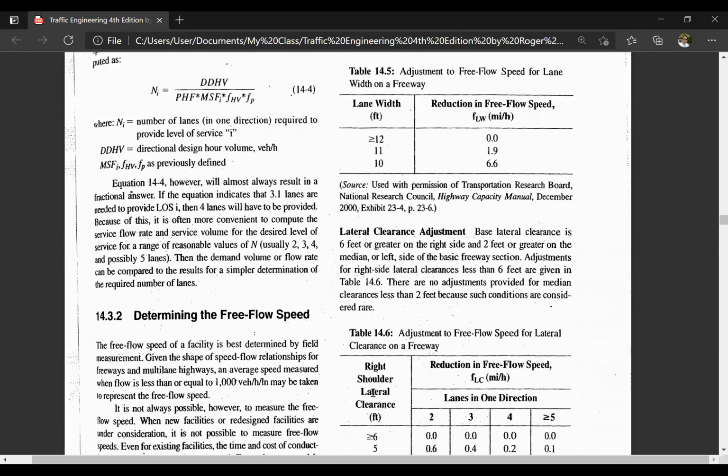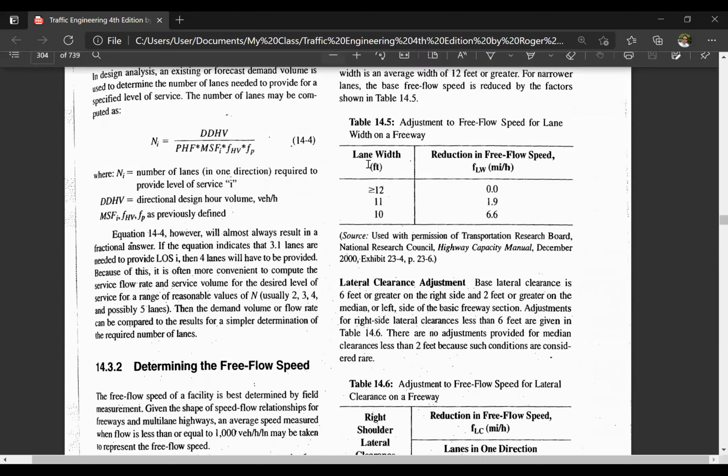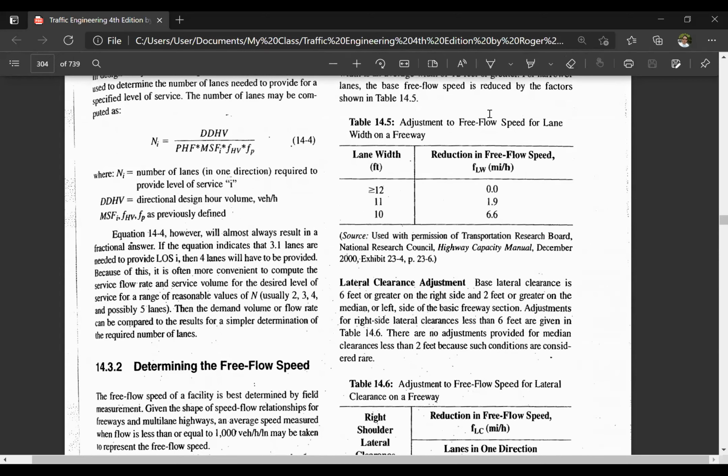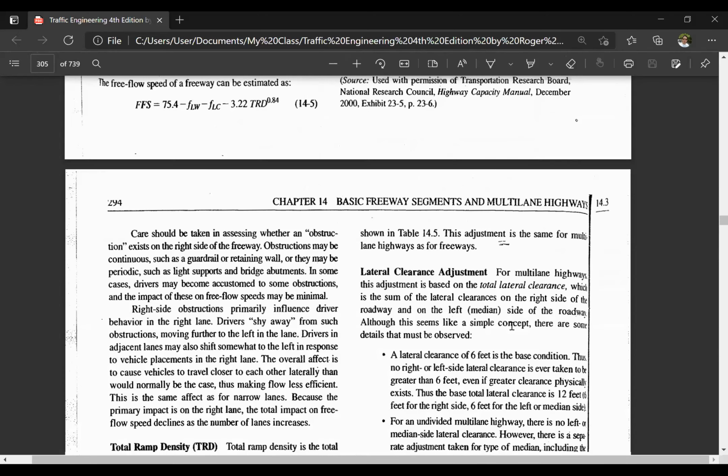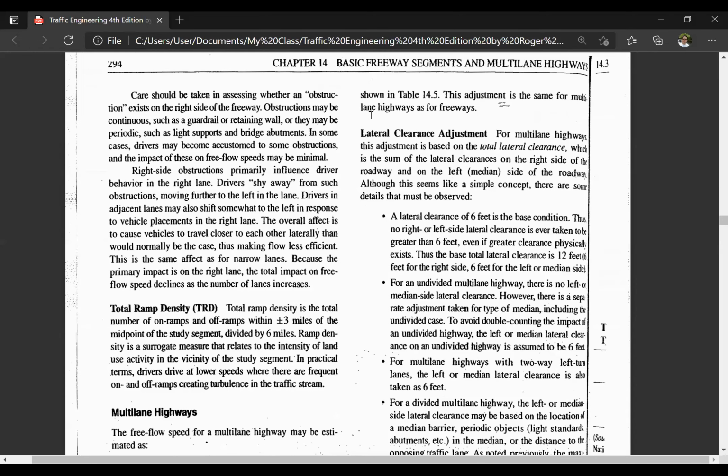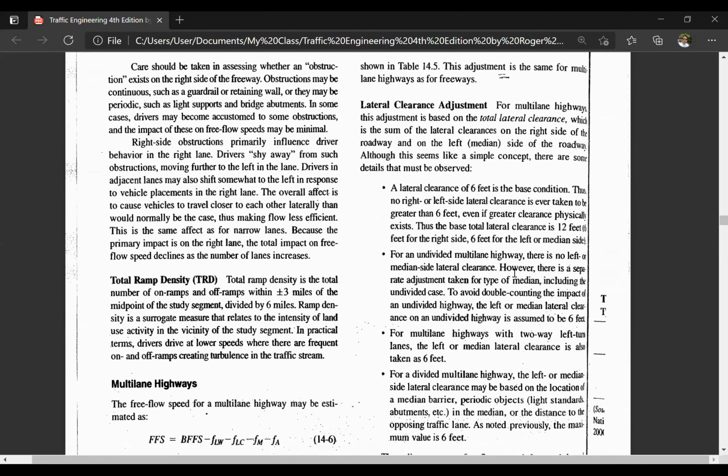Okay, they use the same one, 14.5. It's the same for multi-lane highway as for freeway.